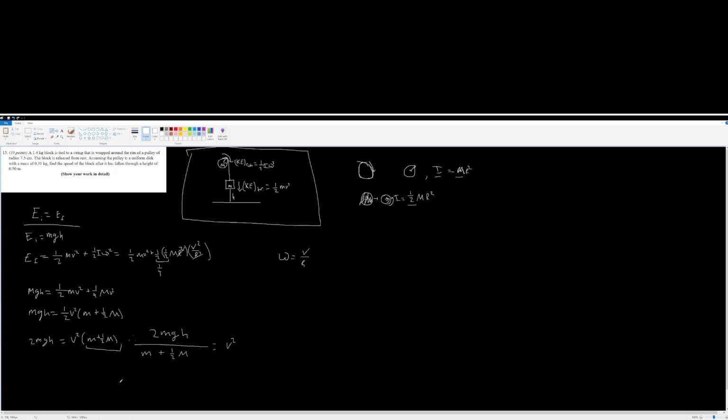And then to isolate for v, we can just take the square root of both sides, and v equals the square root of 2mgh divided by m plus 1/2 capital M.